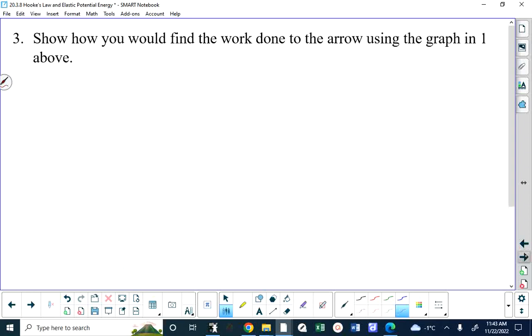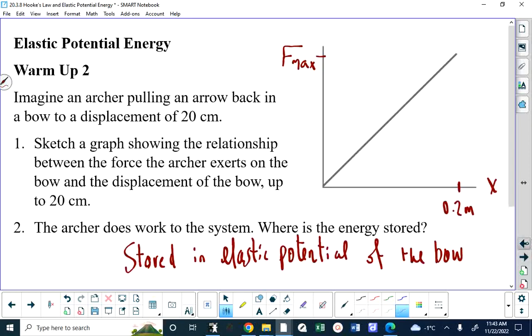Okay. Show how you would find the work done to the arrow using the graph. We talked about this yesterday. The work done is going to be the area. So how would we do that?